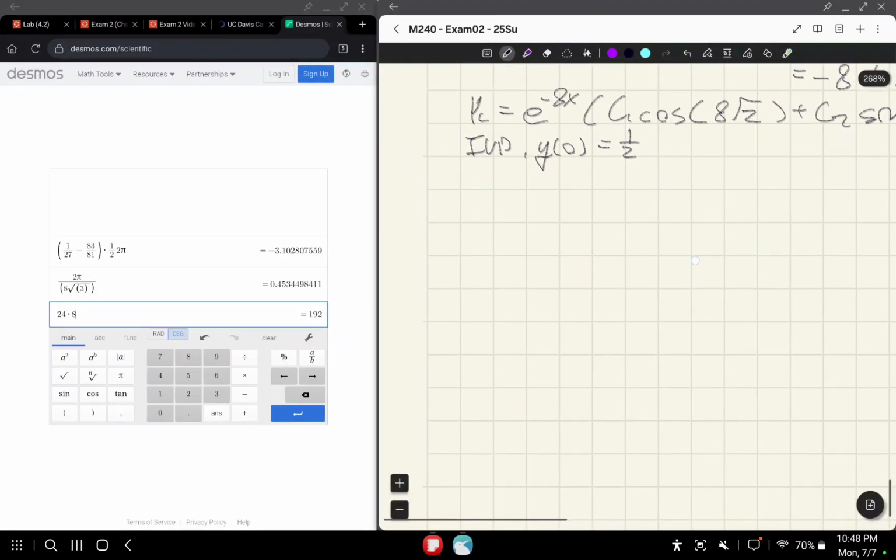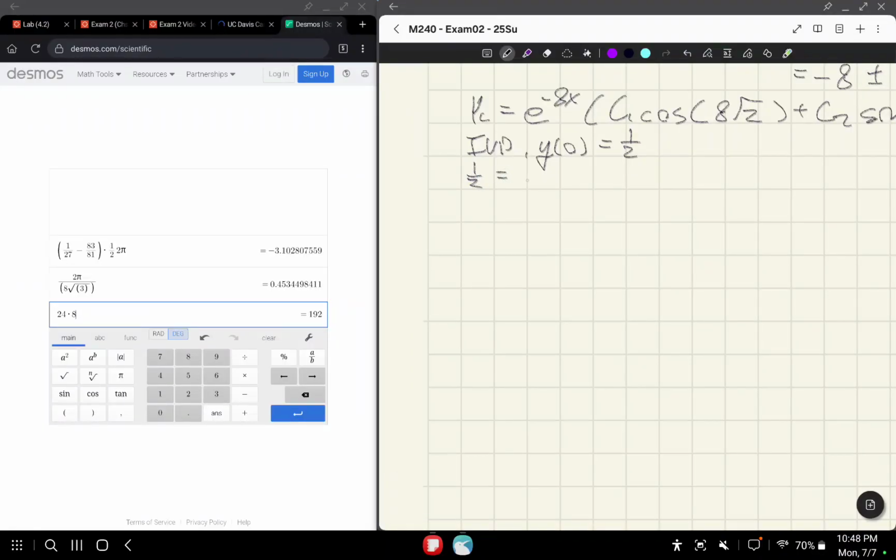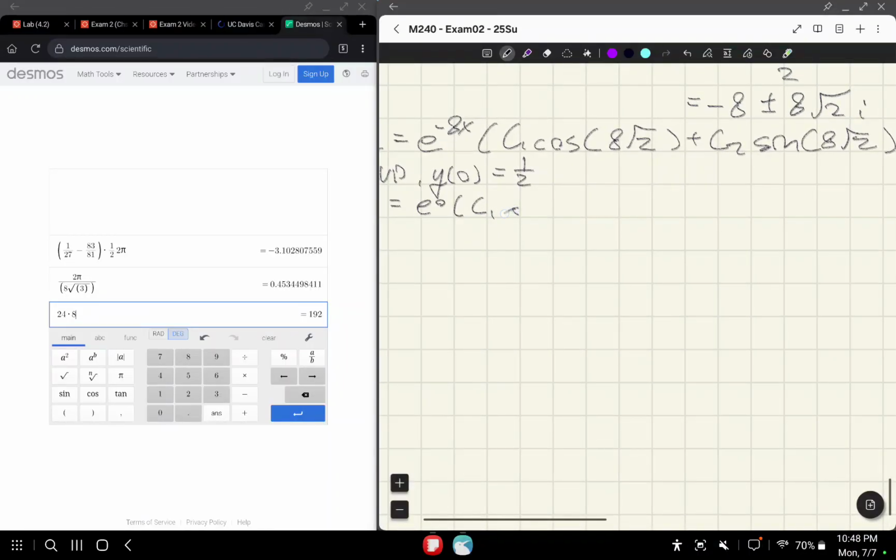So 1/2 equals e to the 0 times C1 cosine 0 plus C2 sine 0.